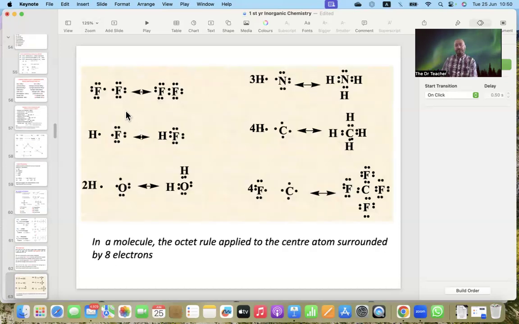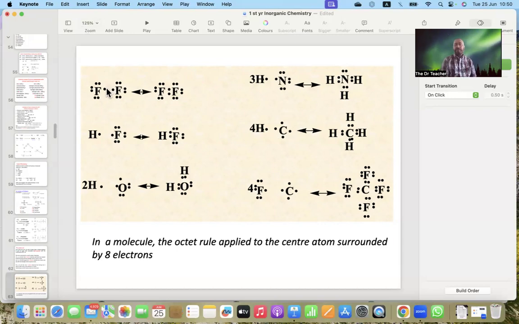Now let's see how this happened. F2: the halogen F has 7 electrons in the outer shell, 3 lone pairs, double electrons, which we call a lone pair, with a single electron. Which one can form bonds, the lone pair or the single electron in the halogen gas?